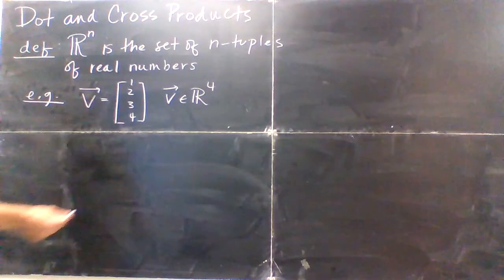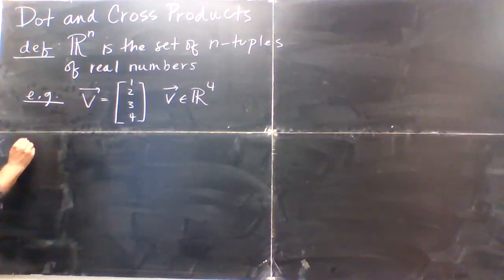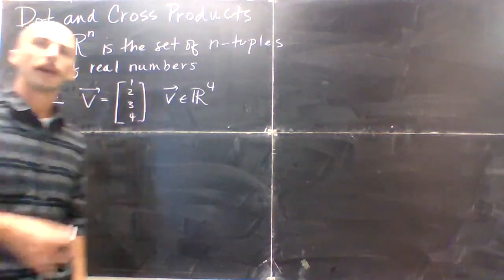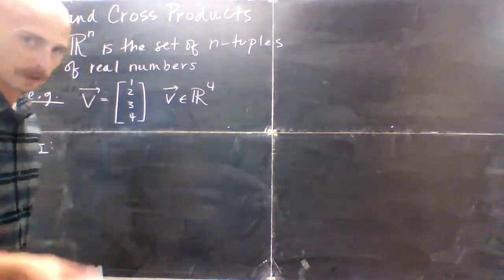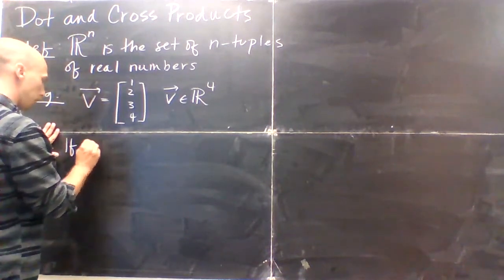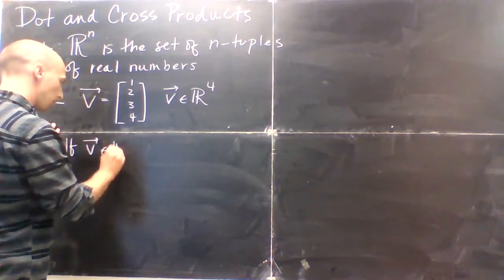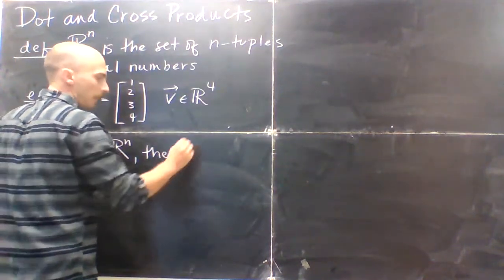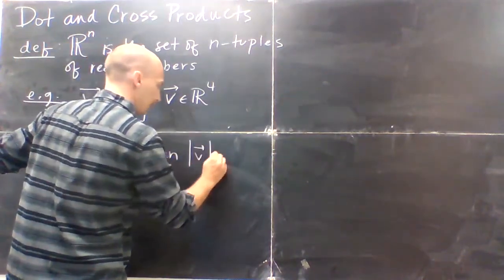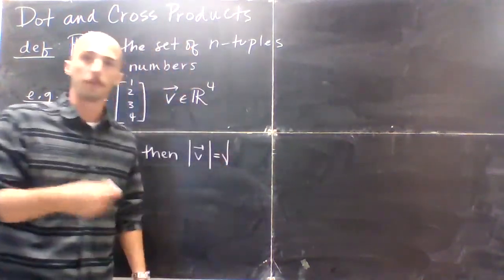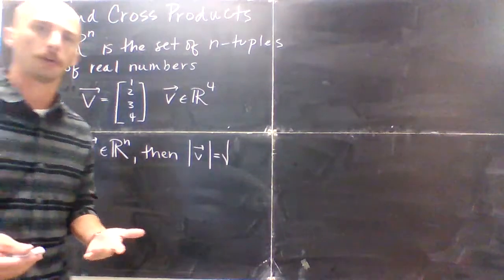The next thing I'm going to define for you is the length of a vector. Okay? Magnitude of a vector, absolute value of a vector, whatever you want to call it. So if v is a vector that's an element of Rn, then the length of v is equal to the square root of the sum of the squares of the components of v, like the Pythagorean theorem.